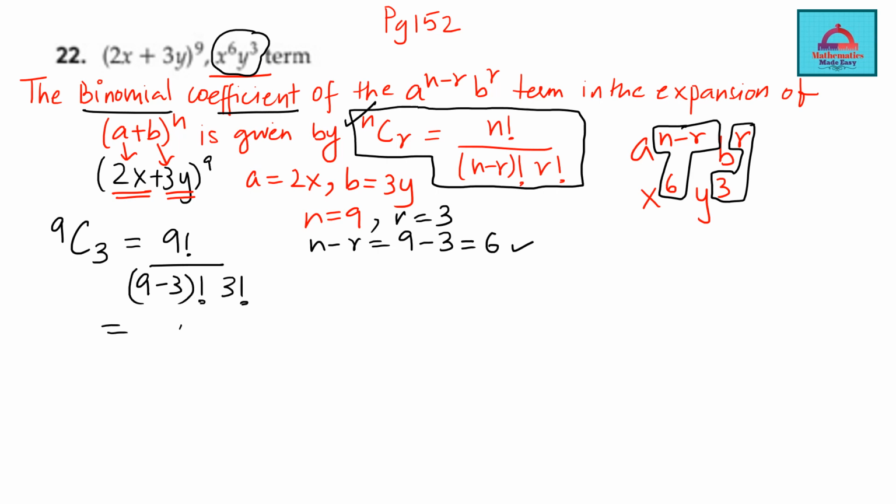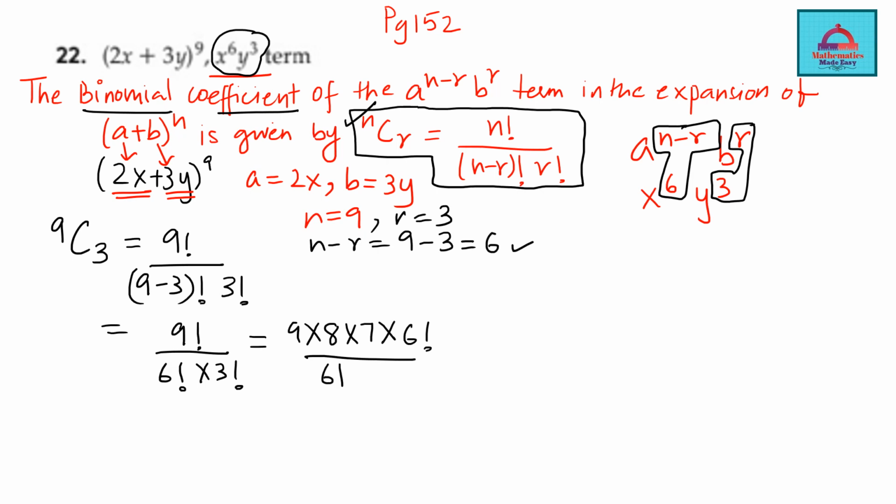Let's simplify, 6 factorial multiplied with 3 factorial. Now 9 factorial can be opened only till 6 factorial because eventually the 6 factorial in the denominator is going to cancel it. So here I have 9 multiplied with 8 multiplied with 7 over 3 multiplied with 2.